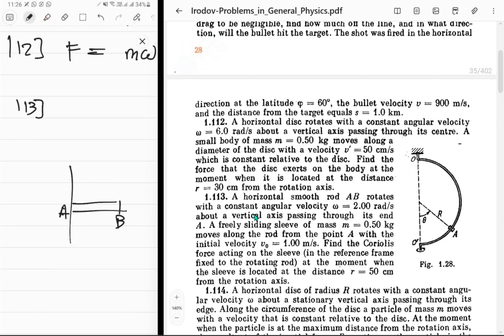Its omega is given. A freely sliding sleeve of mass m equal to 0.5 kg moves along the rod from the point A with the initial velocity v naught equal to 1 meter per second. So it's like this. Find the Coriolis force acting on the sleeve in the reference frame fixed to the rotating rod.